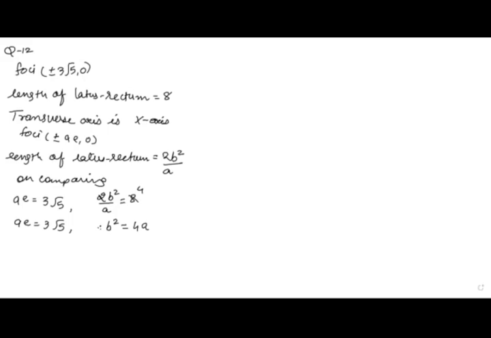Now we'll apply the formula of eccentricity. As the transverse axis is the x-axis, I will use b square is equal to a square e square minus 1. Therefore, in place of b square, I will keep 4a. Here a square e square minus a square. Here a square e square can be written as 9 5s are 45, minus a square.